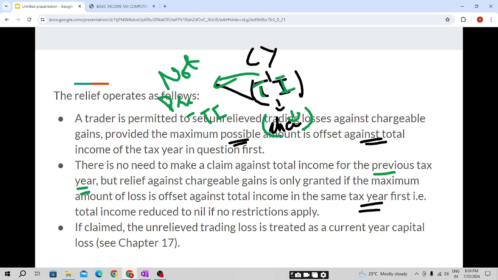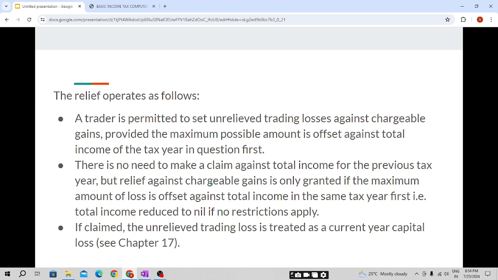Keep it basic: for the current year, total income set off, then chargeable gains will be applicable. But relief against chargeable gain is only granted if the maximum amount of loss is set off against the total income in the same tax year first, that is, total income reduced to nil if no restriction applies. If claimed, the unrelieved trading losses are treated as current year capital losses.